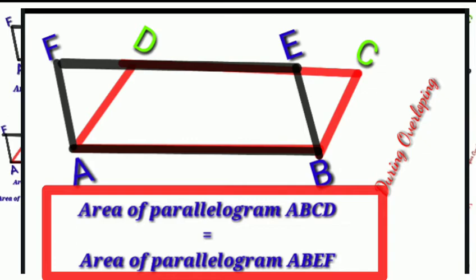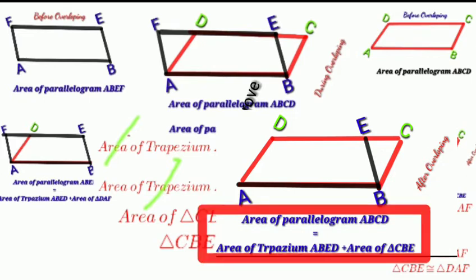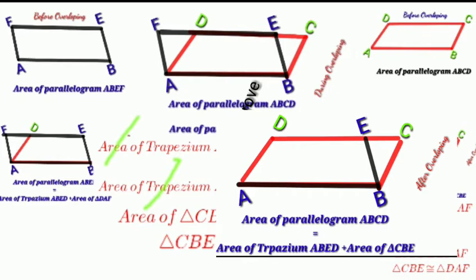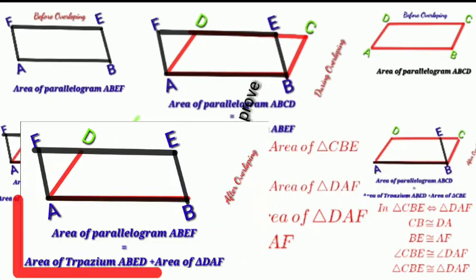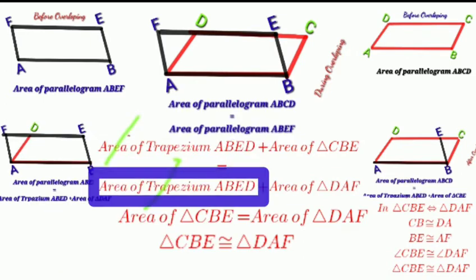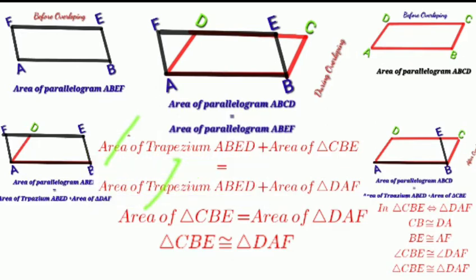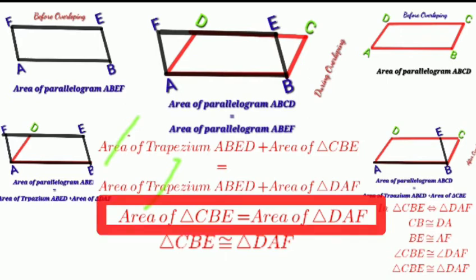After that, area of parallelogram ABCD becomes area of trapezium ABED plus area of triangle CBE, and area of parallelogram ABEF becomes area of trapezium ABED plus area of triangle DAF. On cancellation of area of trapezium ABED on both sides, area of triangle CBE becomes equal to area of triangle DAF.